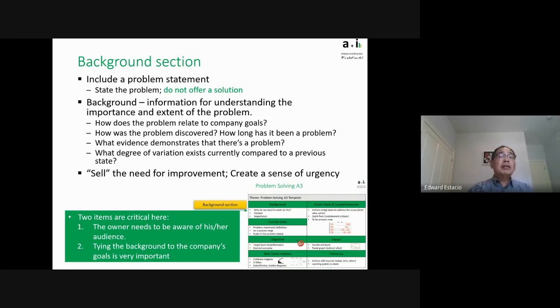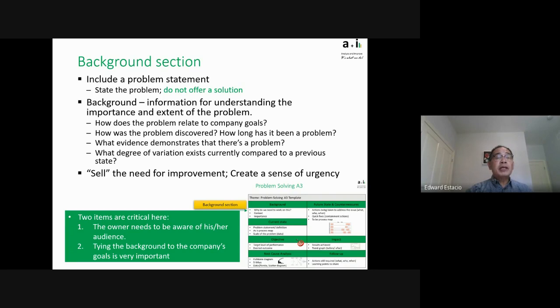So what about the degrees of variation, that it changes every month? Is it 50% this month? Is it 60% the following month? Or is it 90% the last few months? So we need to have a look at that. Does it change? What's the variation? And again, selling it to your managers, to people that will be approving this, right?